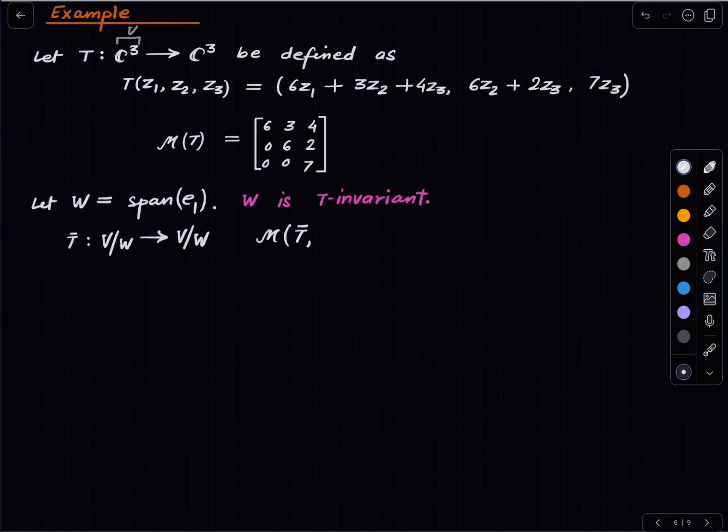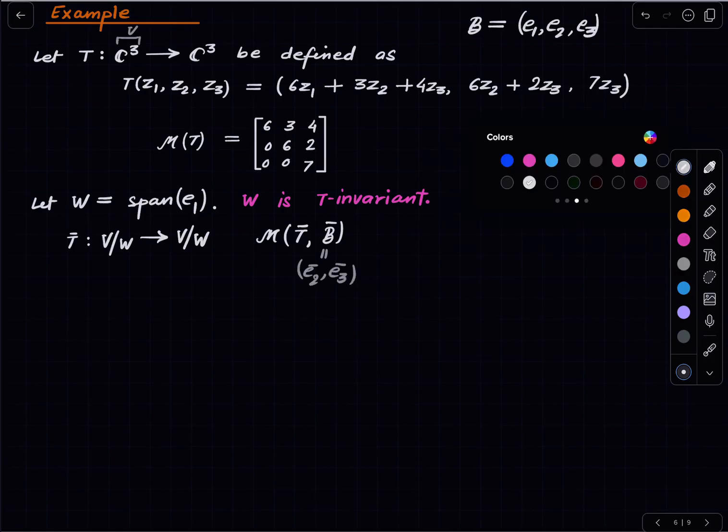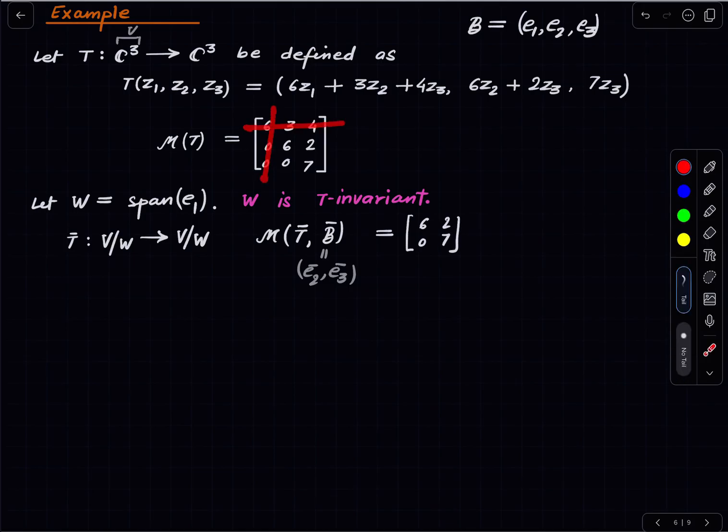If the standard basis on V is this, then the induced basis here is B bar, which is e2 bar, e3 bar. So this matrix, just verify as an exercise, is equal to that. So this row, this part, kind of gets killed.